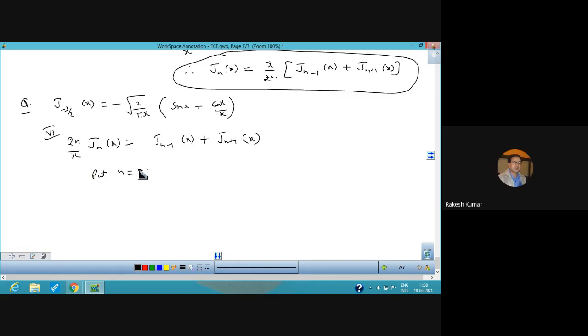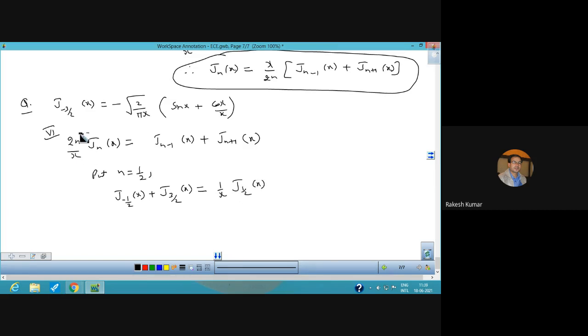So when you put n is equal to 1 by 2, I'm going to write on right hand side first. So in the right hand side, you will have J minus 1 by 2 x plus J 3 by 2 x is equal to, for n is equal to 1 by 2, you will have 1 upon x J 1 by 2 x.